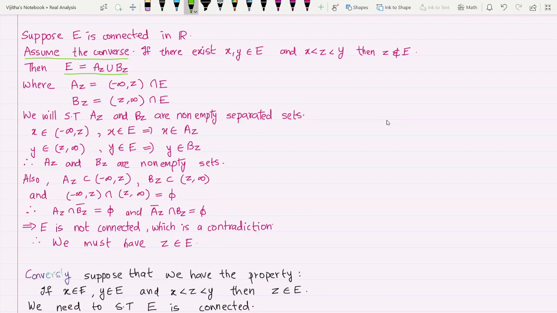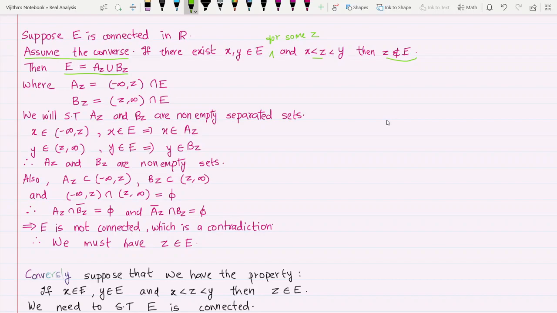That is, there exist x, y in E and some z for which x < z < y, but z is not an element of E. So we have assumed the converse.